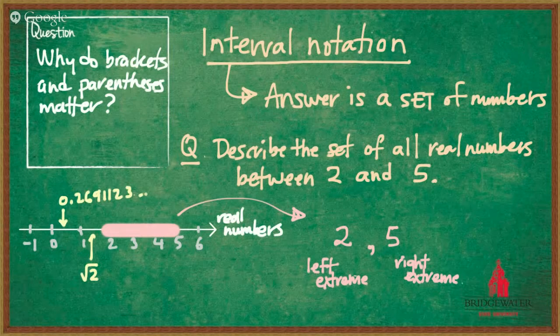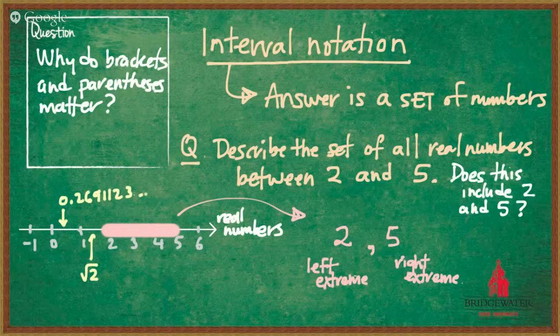But there's one thing that this notation doesn't tell you, and neither does the question that was asked here. It's a very ill-posed question. The question doesn't tell you: do we want to include the numbers 2 and 5 themselves? That's the thing about the word between.